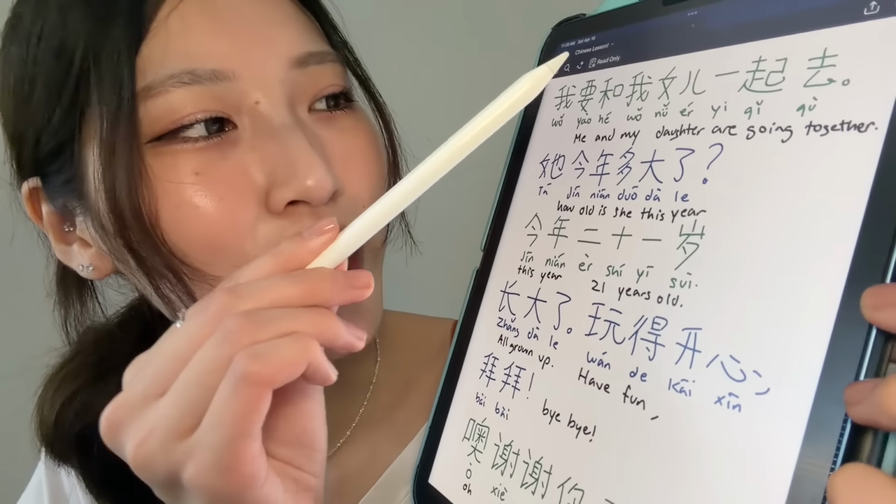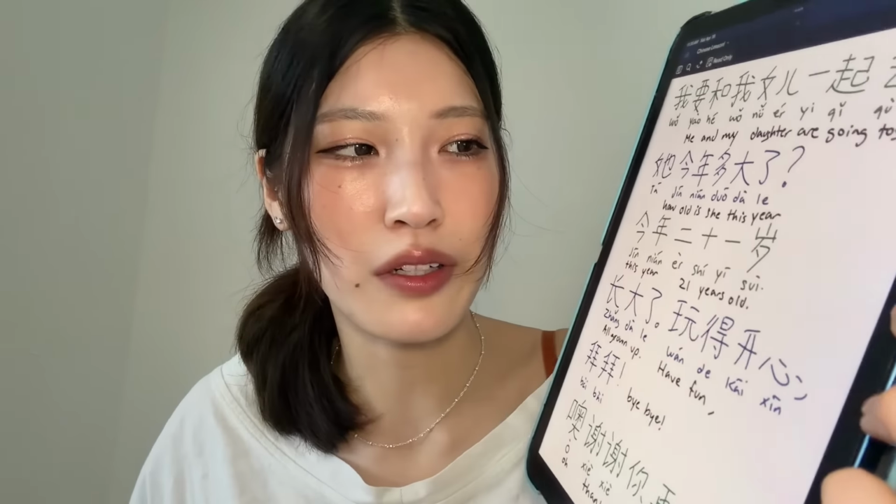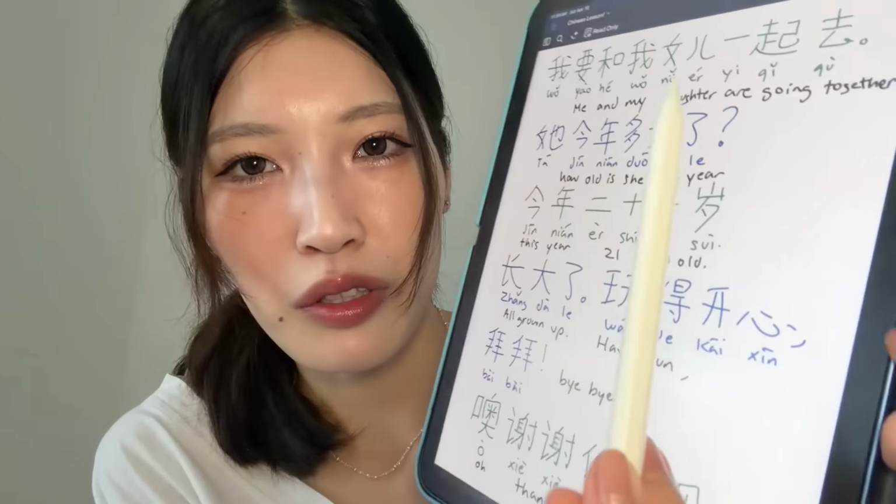Going with my daughter. So 女儿 is daughter. Okay, your turn. 今年21岁. 21. Okay. 谢谢你，再见. So, in Chinese, you can say bye bye or 再见. I feel like 再见 is more formal, and bye bye is more casual.